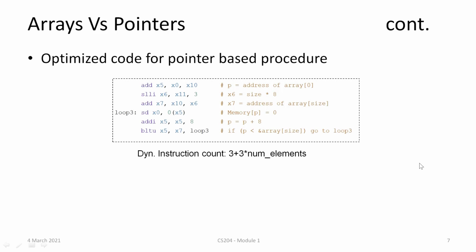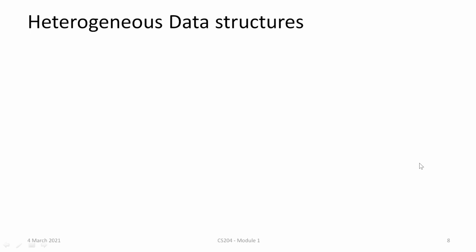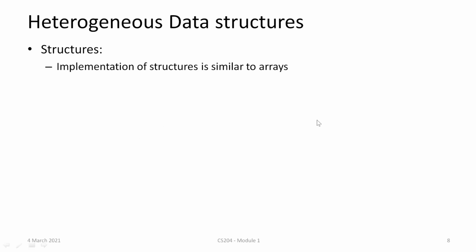Okay, with that, let's move on to the next small topic, which is how to handle heterogeneous data structures at the assembly level. We have seen arrays. Now let's see how we realize a structure at the assembly level. The implementation of a structure is very similar to that of an array.